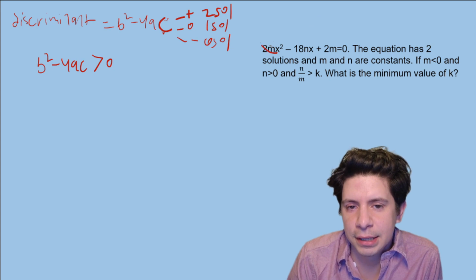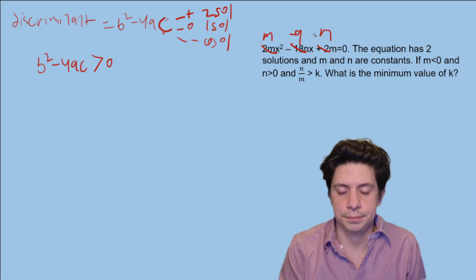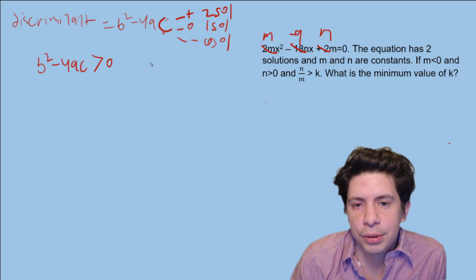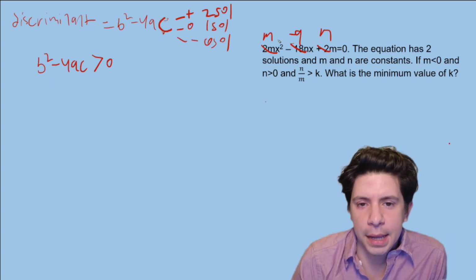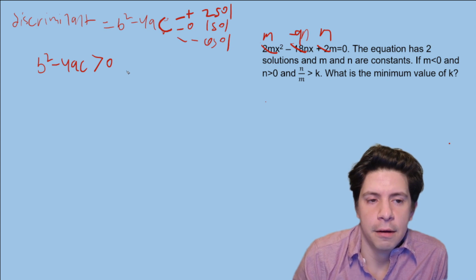And now this becomes m if we simplify and divide everything by 2, and negative 9n. Okay, so then we're going to plug in m for a, m for c, and negative 9n for b.